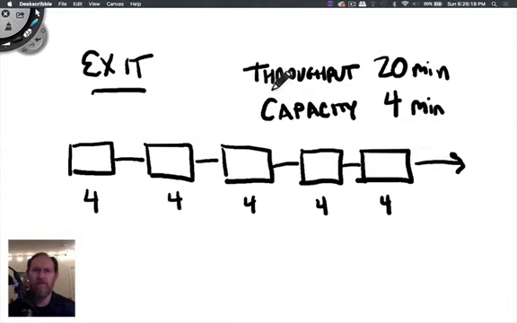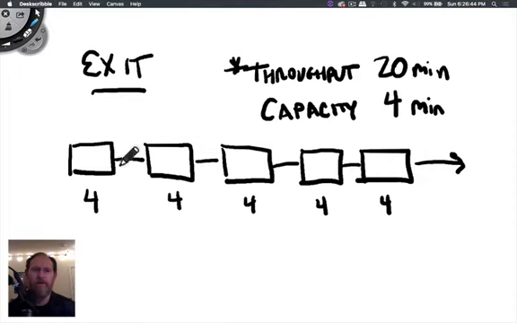Oftentimes, these terms are used synonymously, but for operations management purposes, they are not synonymous. Again, throughput is the ability for one item to go through, and that's really assuming that there's no waiting involved. So that would be the first item to go through a system. The next item would be waiting on the first item.